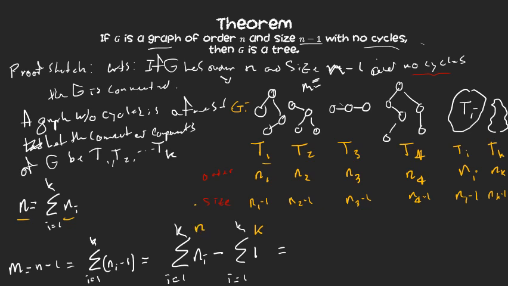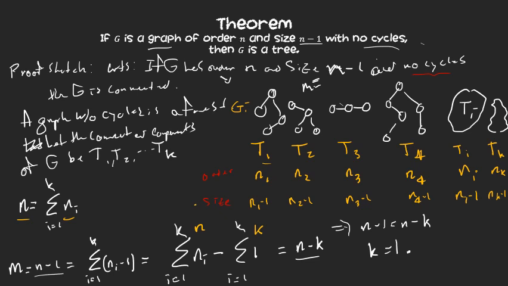So that's n minus k. And notice here that I have n minus 1 equal to n minus k. And hence, k must equal 1.